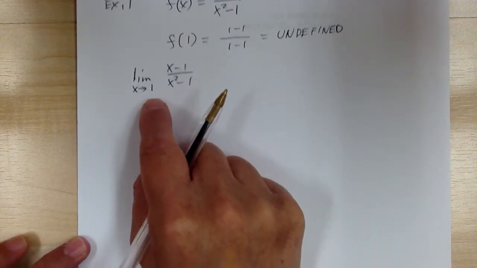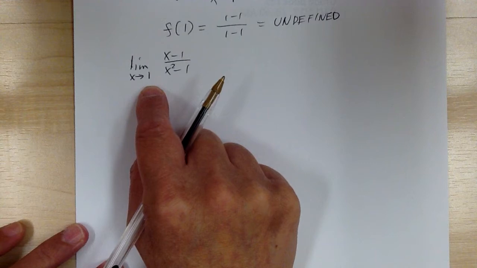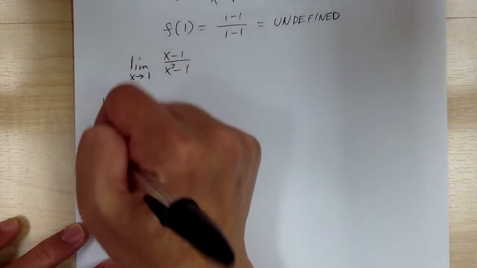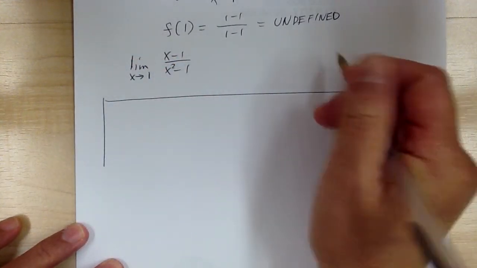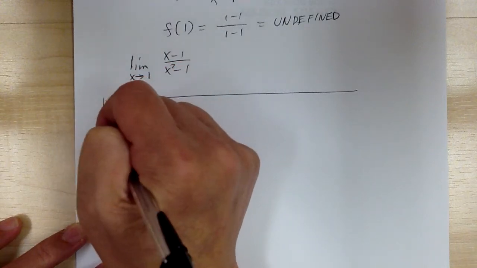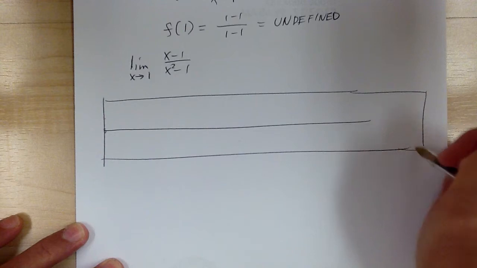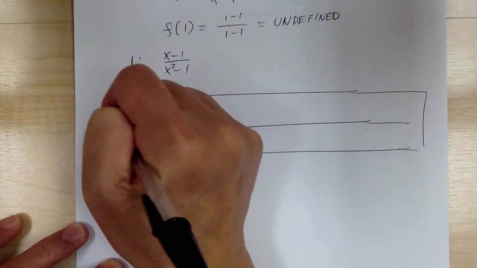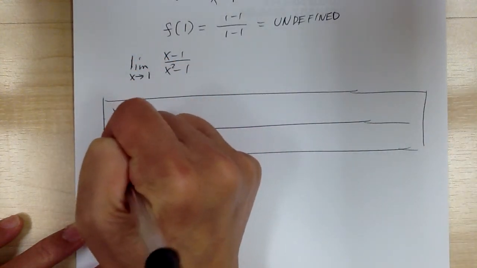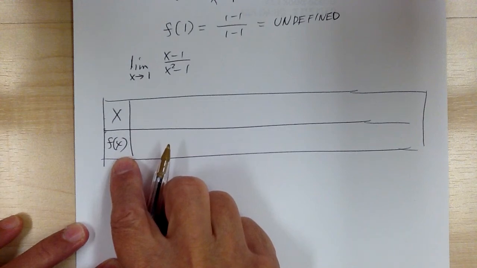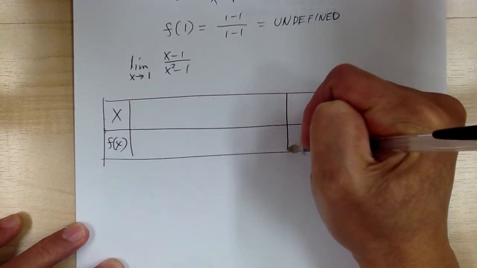And so the first method we're going to do is by making a table. So this is x, and this is f of x. And you want to cut right down the middle.